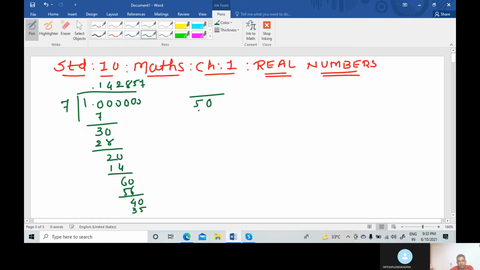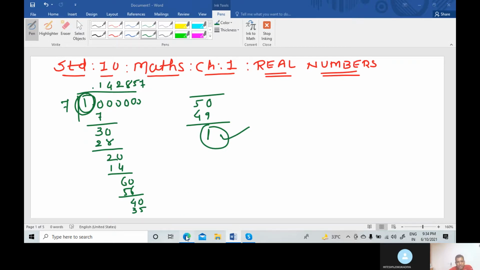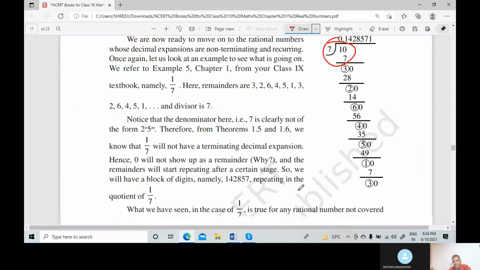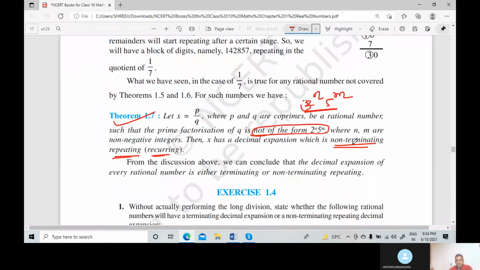7 sevens are 49. Now look here, continue the 1. When we start the 1, here again the numbers repeat. You can continue the division, the remainder can never be 0 here, right? So here it is called, by theorem number 1.7, a non-terminating recurring number, otherwise non-terminating repeating number.